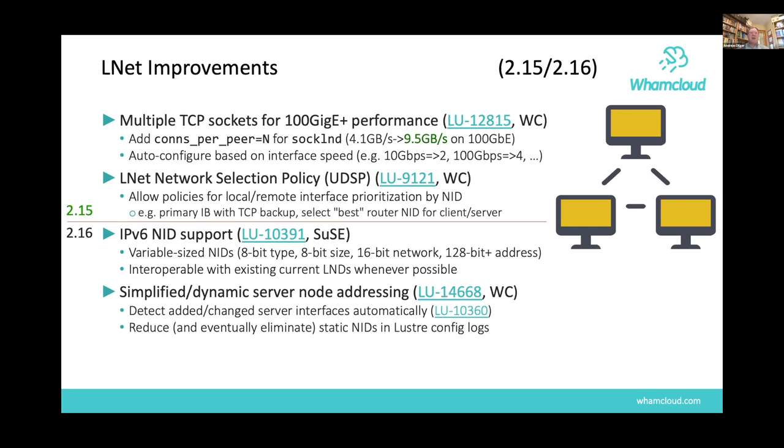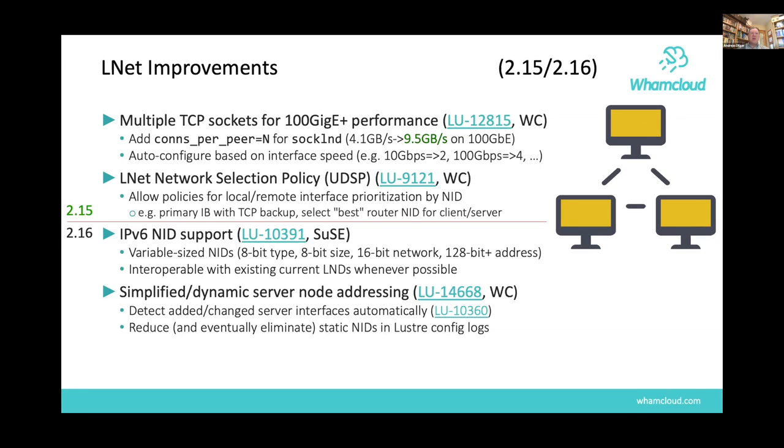improvements in terms of handling multiple sockets in TCP. We found that single socket communications are bottlenecked on the CPUs. And so by having multiple connections per peer, as we did previously with InfiniBand, you can also do the same for TCP.